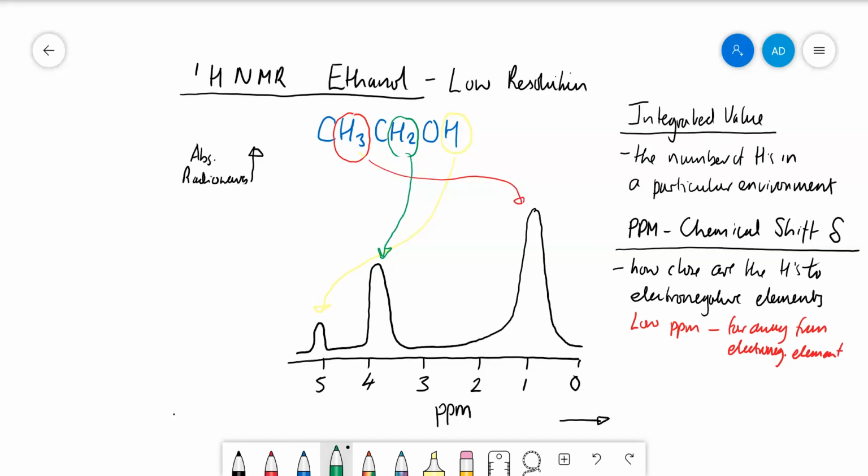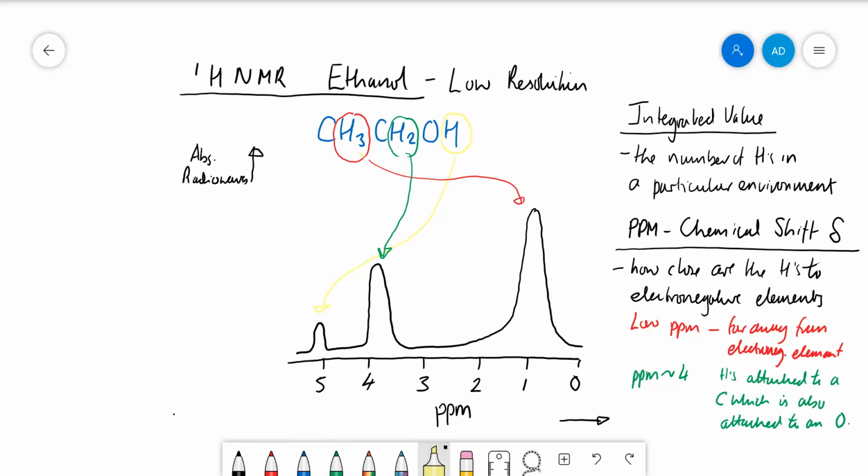Let's look at the green peak. That's got a ppm of about 4, and that's fairly typical of when you have H's which are attached to a carbon which is also attached to an oxygen. So that's why that peak is there.